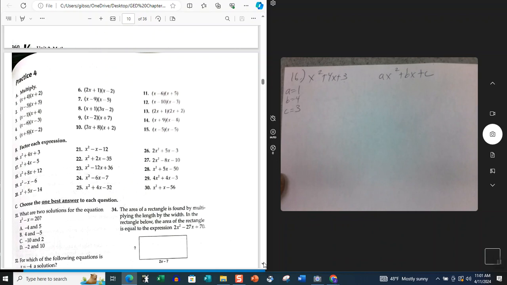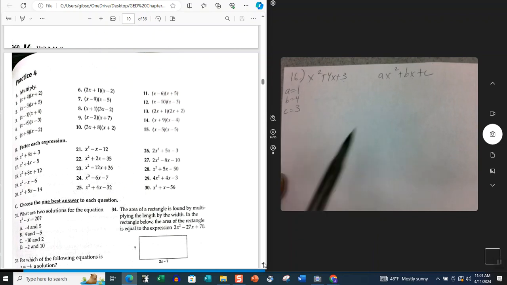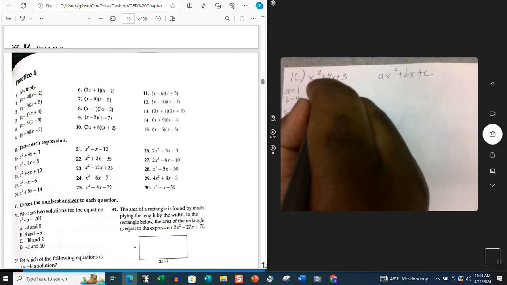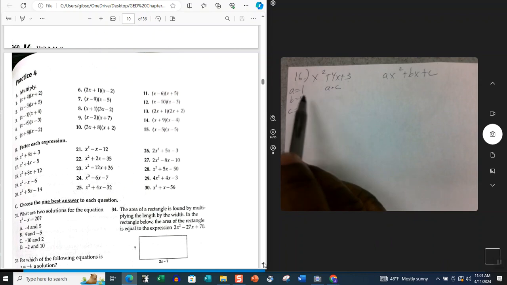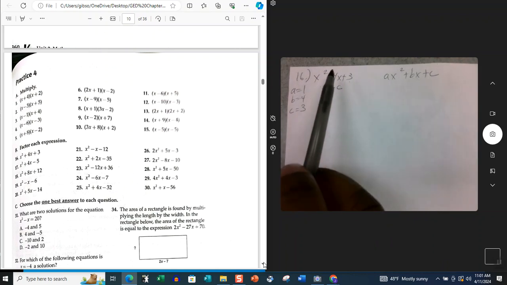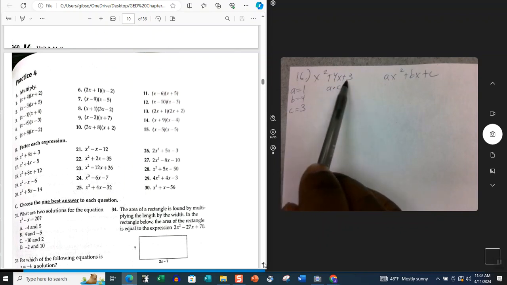So now we have our a, b, and c. Now this is what we would do. After you list your a, b, and c, you will multiply a times c. That's your first step. Well, I'm sorry, your second step. Actually it's the third step. So let me go back through this. First, you have this equation lined up correctly. The variable squared is first.